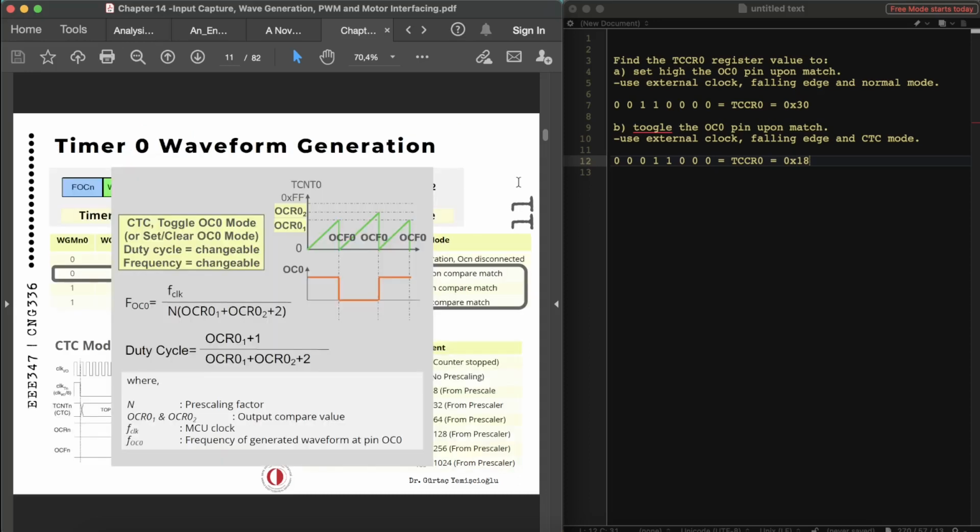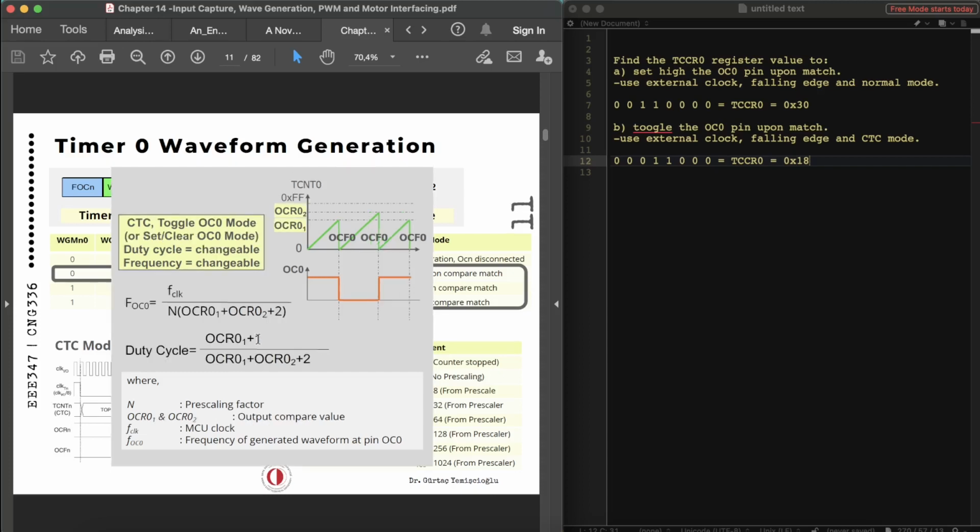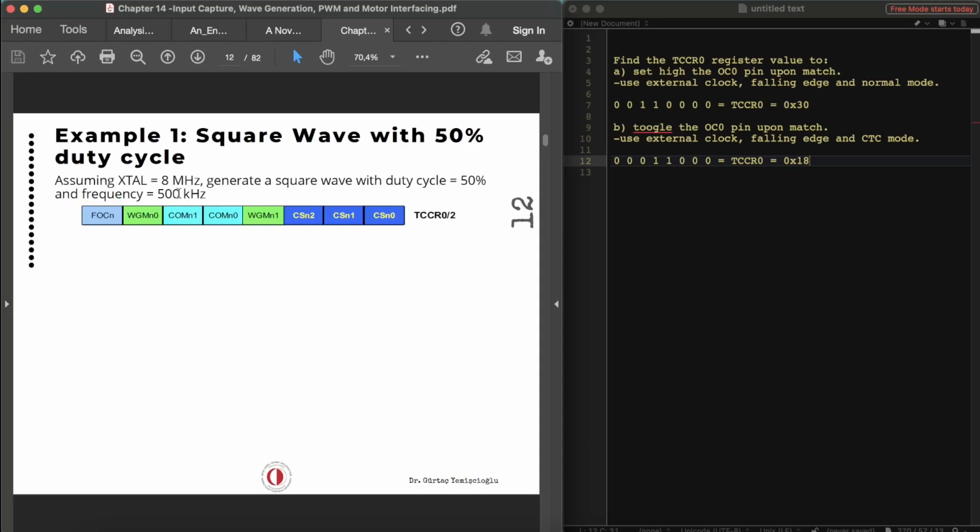As it is going to be a 50% duty cycle, I can use this formula here. So F_OC0 is going to be F_clock. I'll just rewrite the formula first, and then we're going to put down all the values required: divided by 2n(OCR0 plus 1). Okay, so what is given to us? We know in the question that we will have to generate a 500 kilohertz clock.